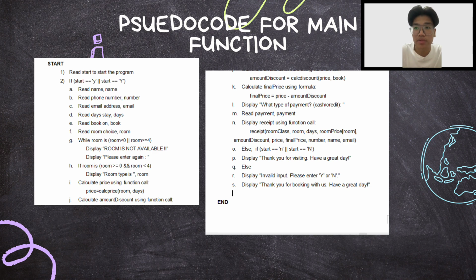Then we calculate the final price using the formula: final price equals price minus amount discount. Then it will display what type of payment, cash or credit. Then the C++ will display the receipt using a function called receipt, which has room class, room days, room price, amount discount, price, final price, the number of customer, name of customer, and email address of customer.